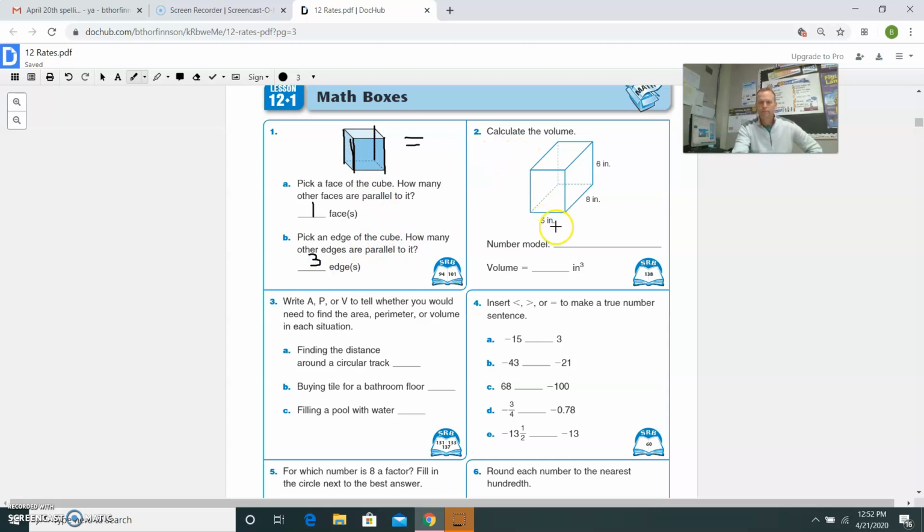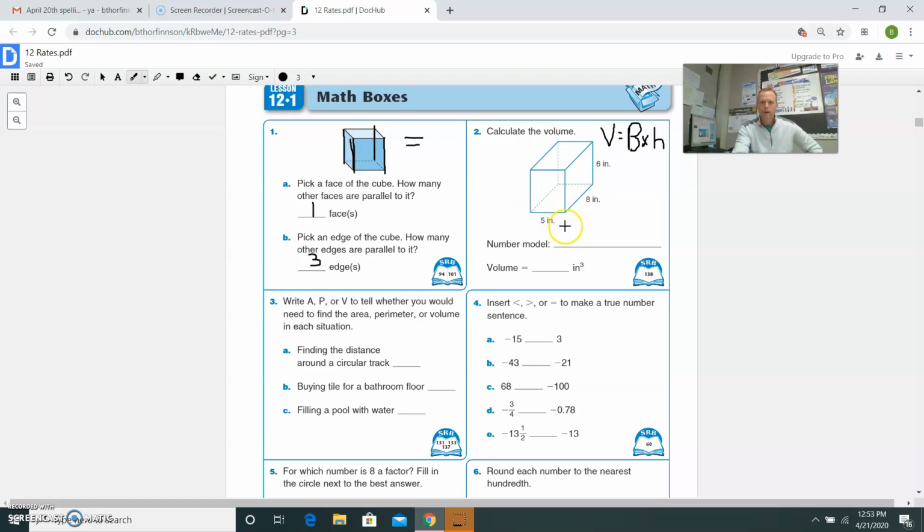Volume, okay? Volume equals our base times height, okay? And remember the capital B is figuring out already the area of this.